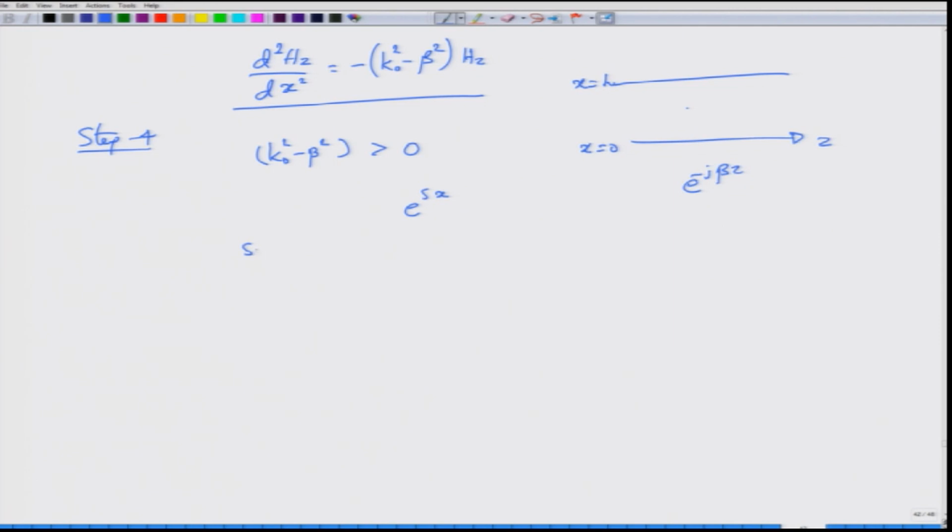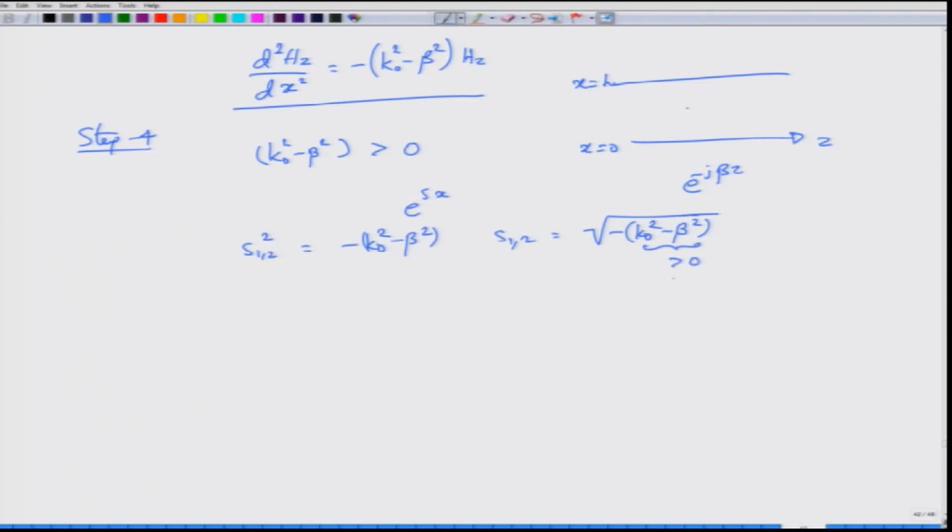So, s1,2 square is equal to minus (k0 square minus beta square), and therefore s1,2 will be the square root of minus (k0 square minus beta square). Now, I want k0 square minus beta square to be positive because I want sinusoidally oscillating solutions in the region between the parallel plate waveguide. I do not want decaying solutions in between the waveguide. So, this quantity will be greater than 0.